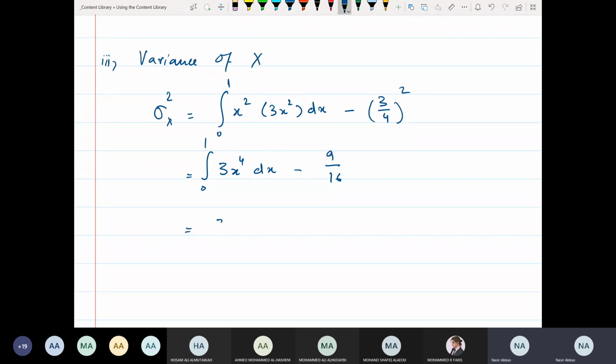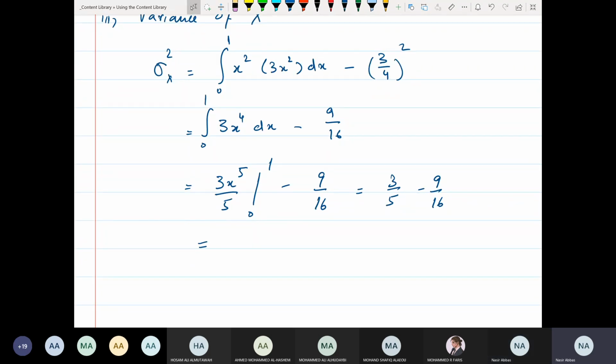And this is going to be 3x to the power 5 over 5 minus 9 over 16. And this is going to be 3 over 5 minus 9 over 16, which is what? 0.0375.